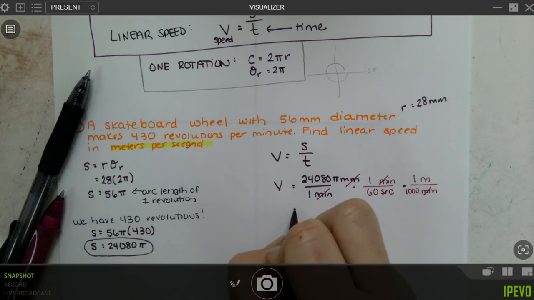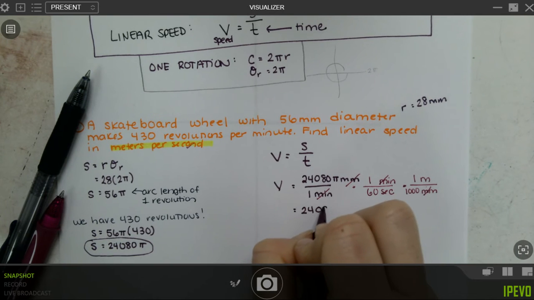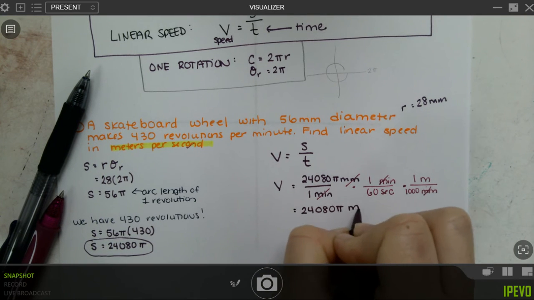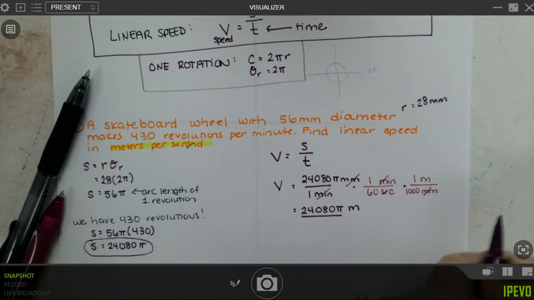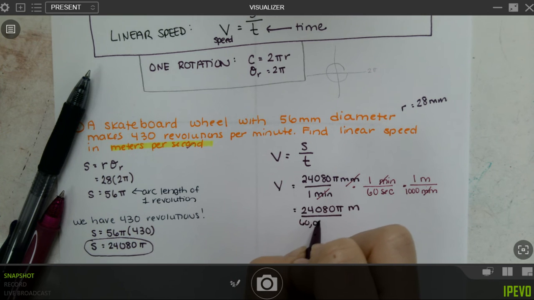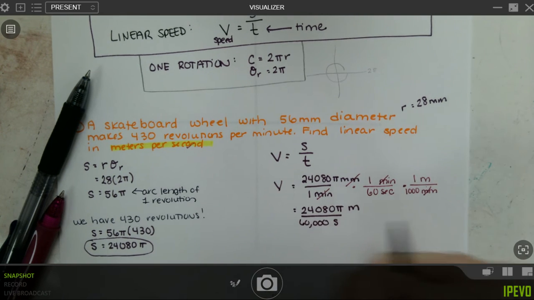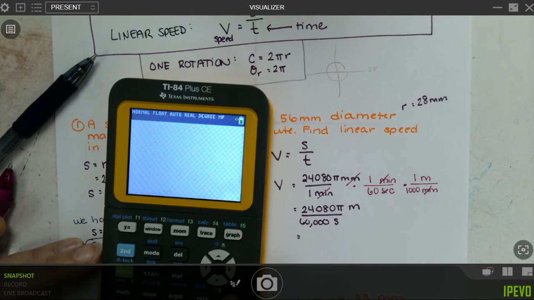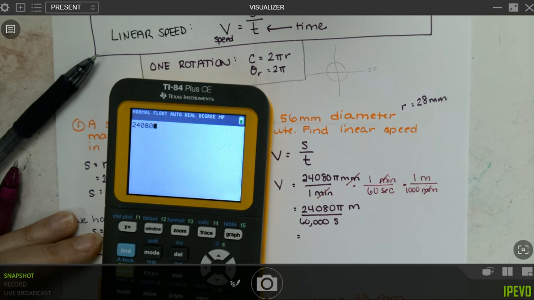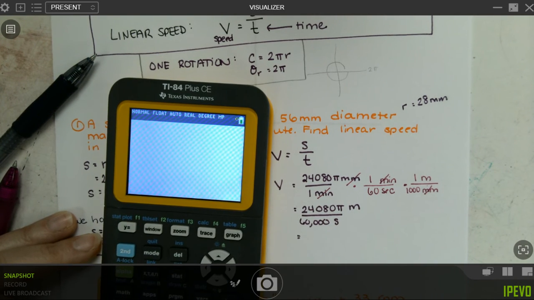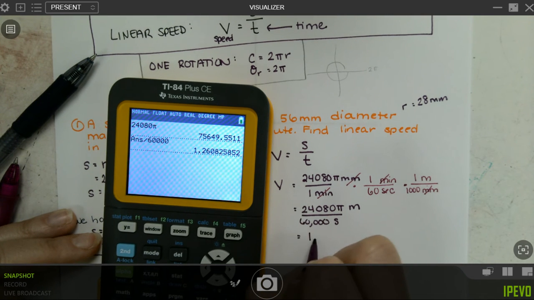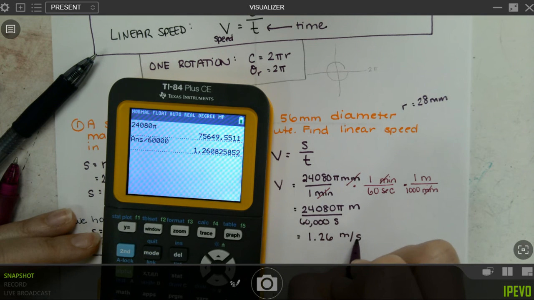In the numerator, 24,080 pi meters. In the denominator, 60,000 seconds. All we're going to do is type that in now: 24,080 times pi divided by 60,000. 1.26 meters per second is our speed.